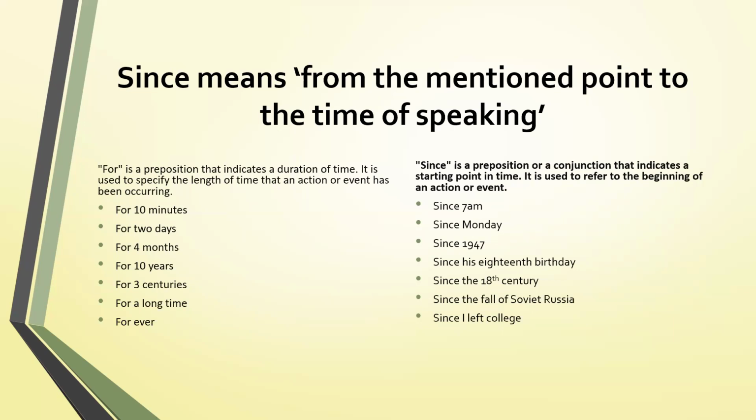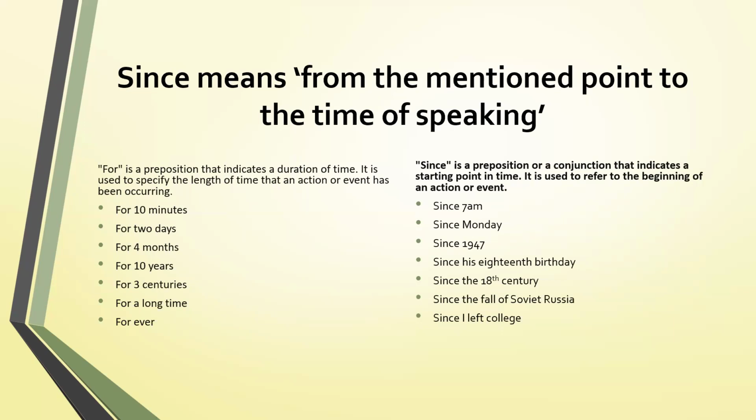For, in English, we use the preposition to talk about an amount of time or space. The amount of time could be seconds, minutes, hours, days, months, or even years. The amount of time does not need to be exact. You could use for when you are talking about vague periods of time, like for the weekend, for ages, for a long time.